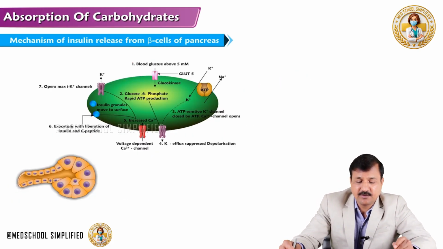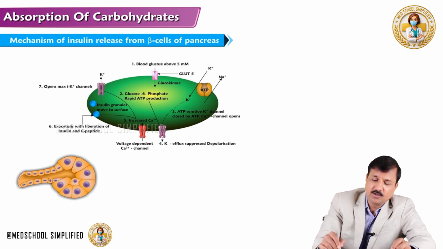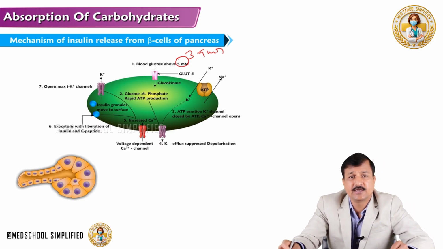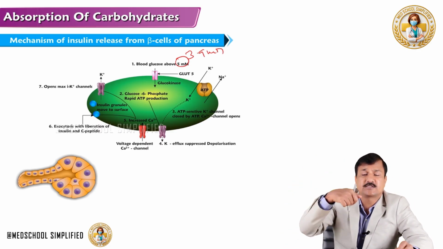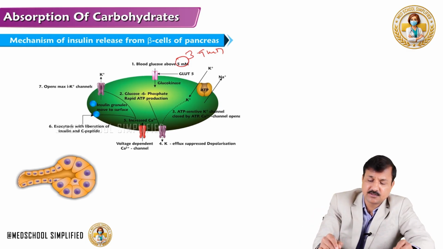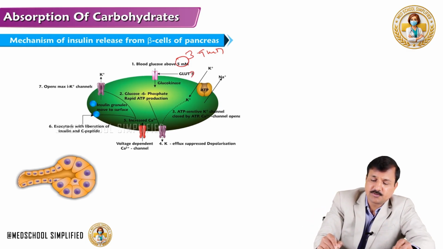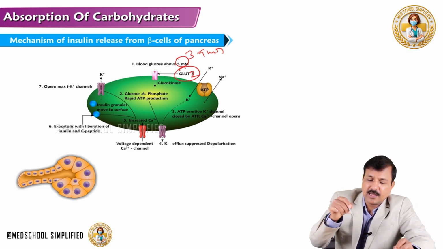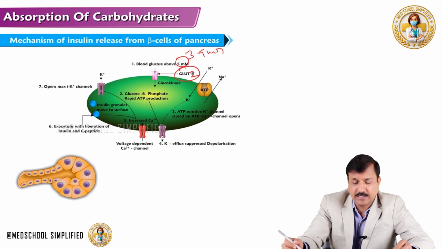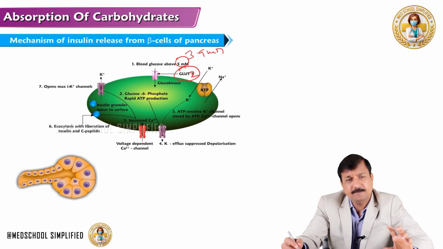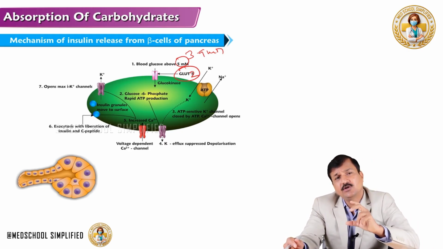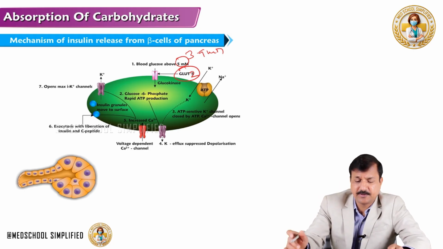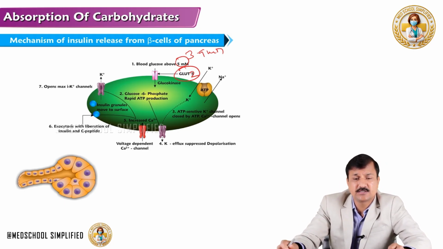Coming to the mechanism of insulin release from beta cells of pancreas. Whenever blood glucose goes more than 3.9 millimoles per deciliter, glucose gets into the beta cells of pancreas through the GLUT2 transporter, and as GLUT2 allows this glucose to get in, the glucokinase enzyme within the beta cell converts glucose into glucose 6-phosphate, which undergoes glycolysis to give ATP.